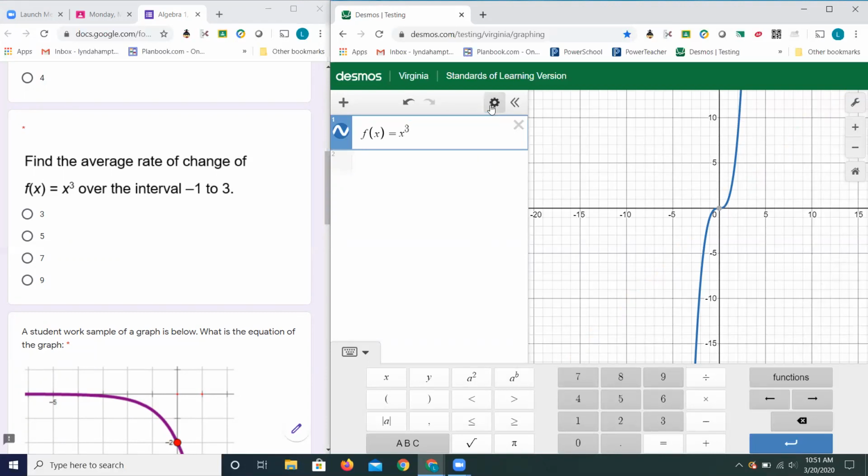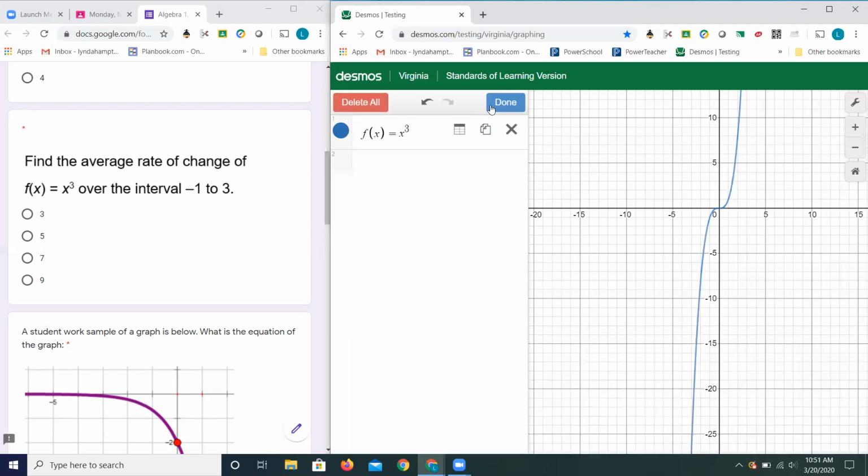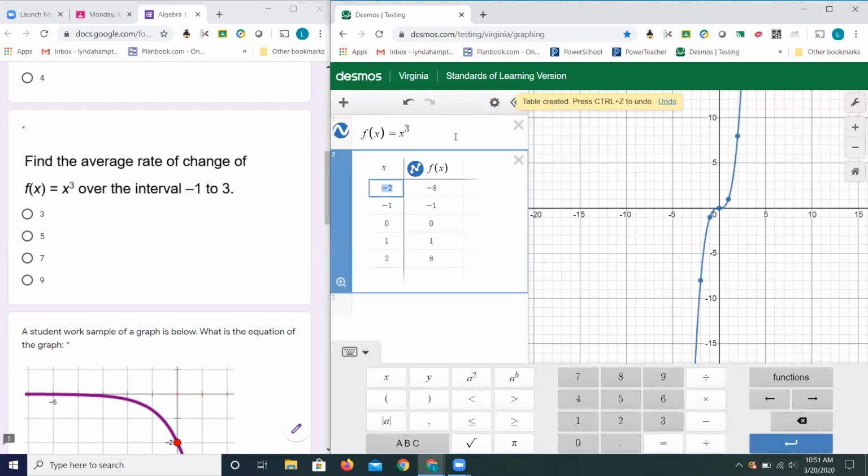We can do that by going to settings and looking at the table and putting in those x values of -1 and 3. So we want to know the slope from this point to this point. Here are 2 points on this graph.